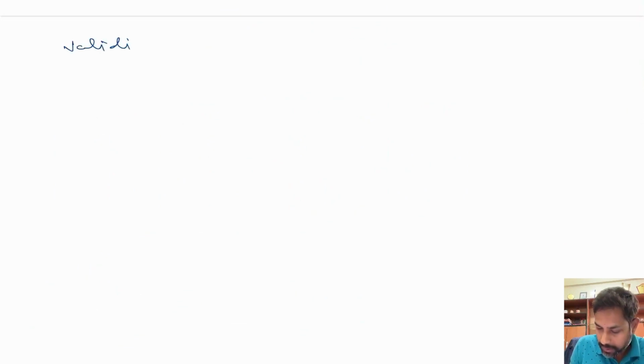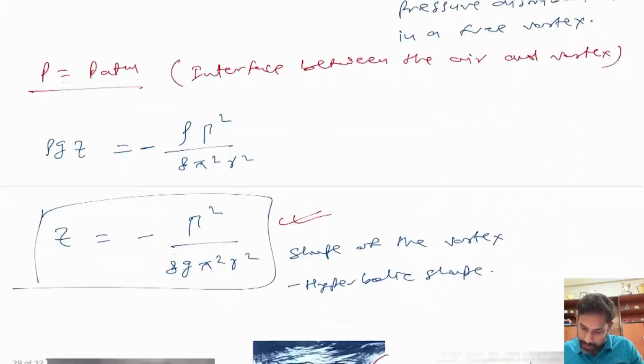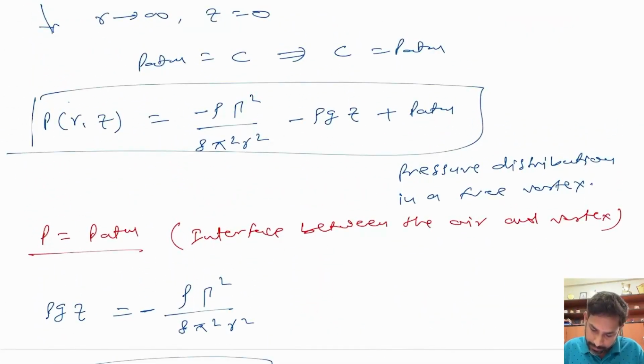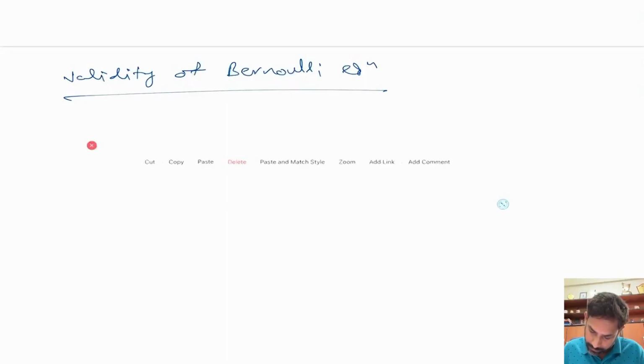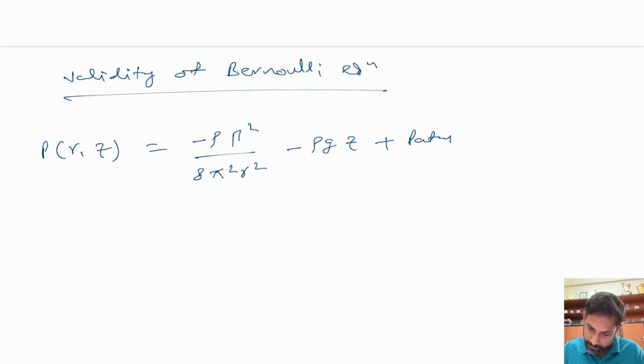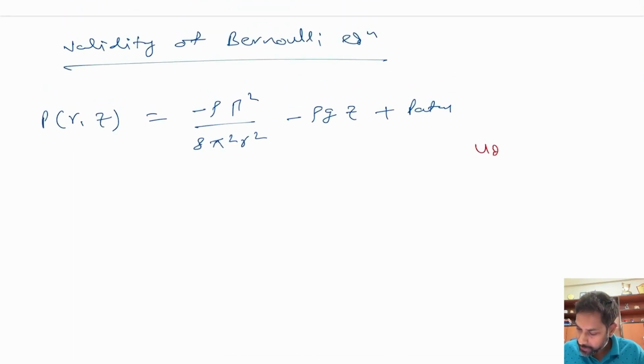So, validity of Bernoulli equation. So let's go back and take this equation again. Okay, and if you remember, we had defined u theta as gamma over 2 pi r, right?